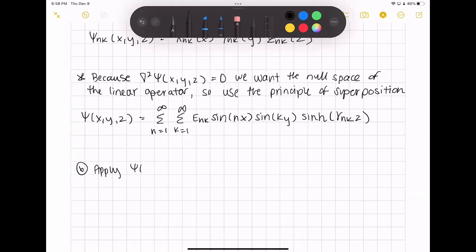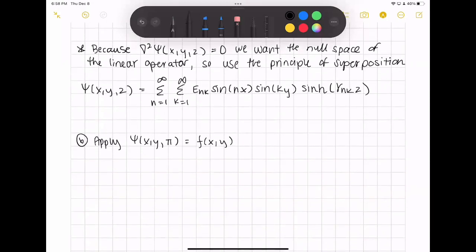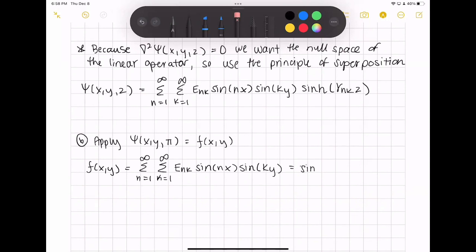So we were given this, and if you plug that in, we have this; we just replaced our z with pi.